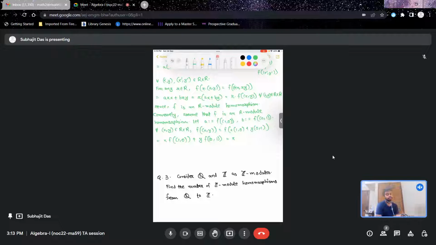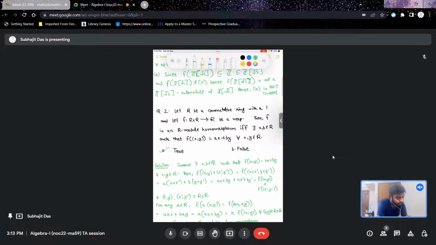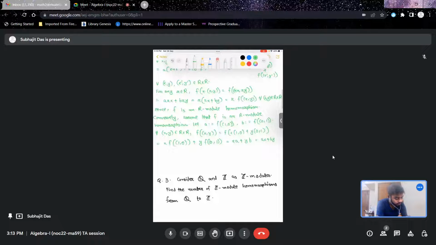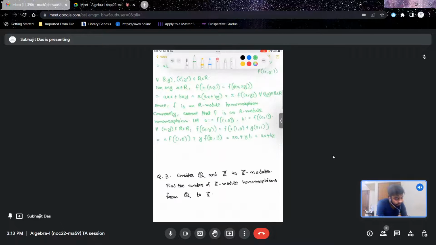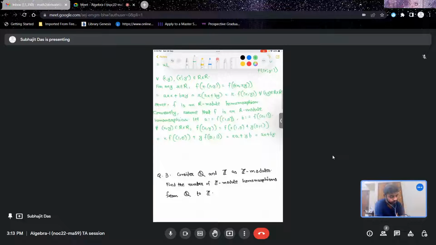It really doesn't matter because everything is in R, so we can write it as ax plus by, since we started with a commutative ring. So we have this form, and that finishes the proof.